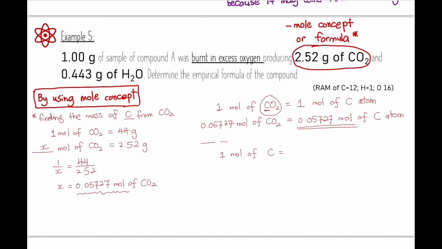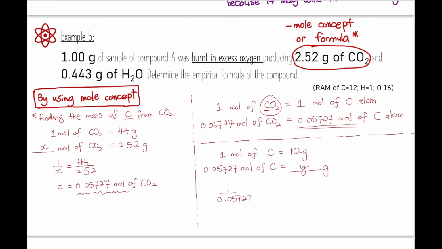Next, 1 mole of carbon has the mass of 12 grams. This is from the relative atomic mass of carbon. Therefore, 0.05727 mole of carbon has the mass of, again, we do a cross multiplication to find out the value of y.